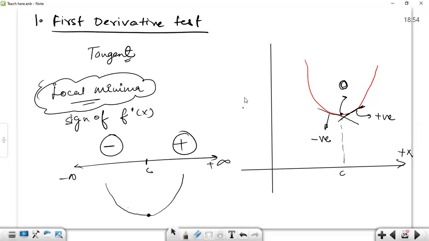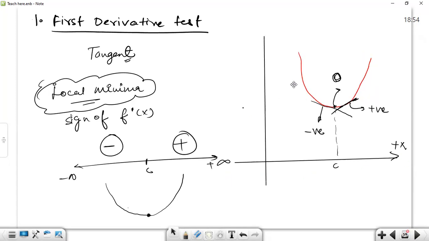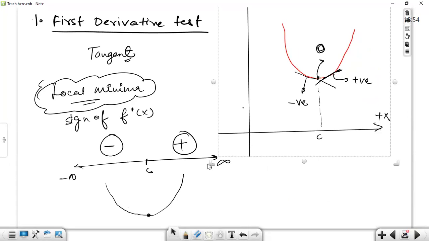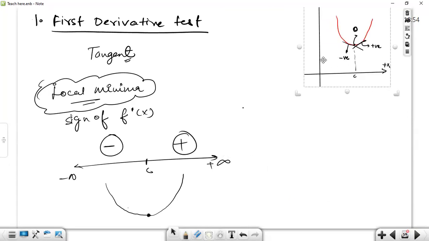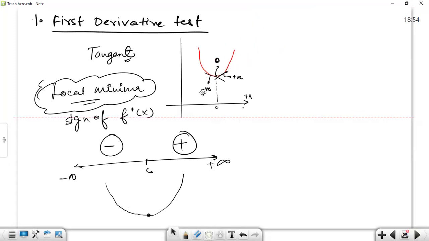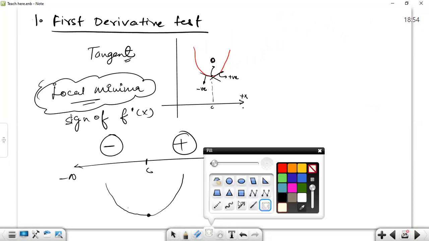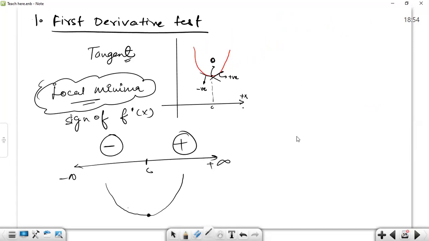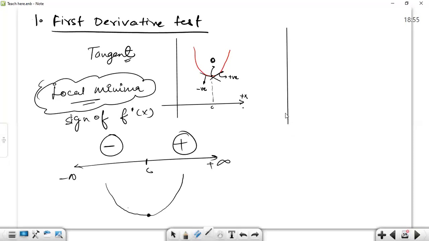Let's make this diagram a little bit small so that we can discuss the case of local maxima also. This is about local minima. Now discussing about local maxima.